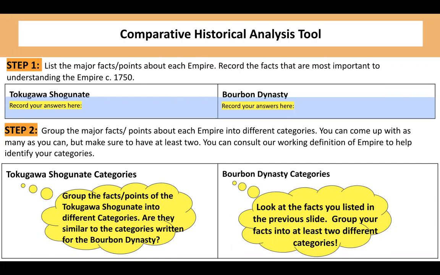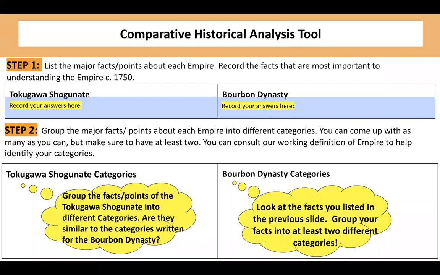And then once the students have done their brainstorming step, step 2 is now to see, well, now that I have all these facts, now that I have all this evidence, what categories, what groupings can I do to put this brainstorming evidence together? So they're asking them to make sense of the information that they brainstormed in step 1.